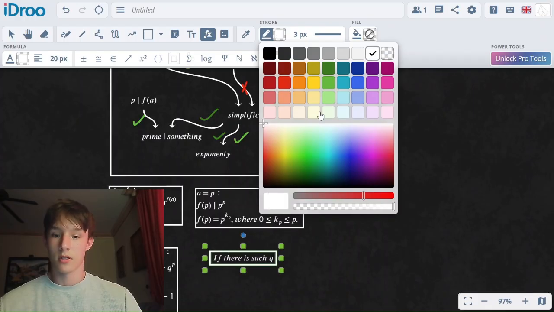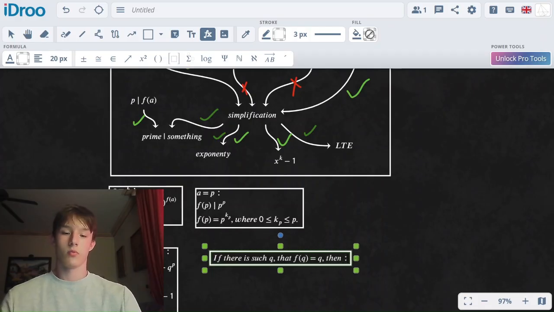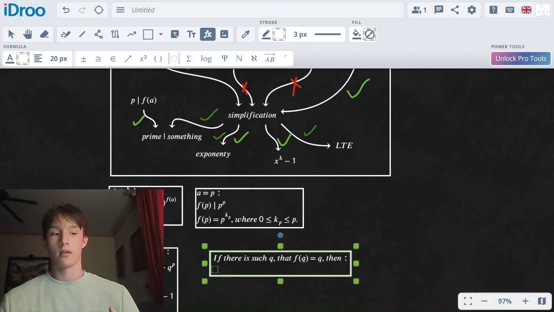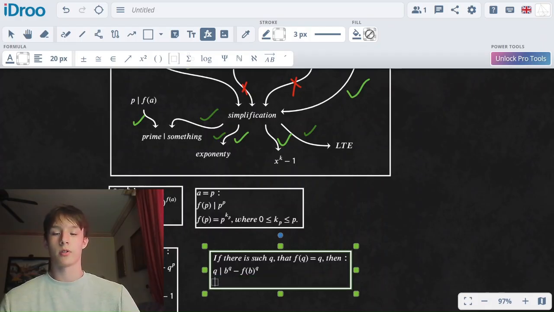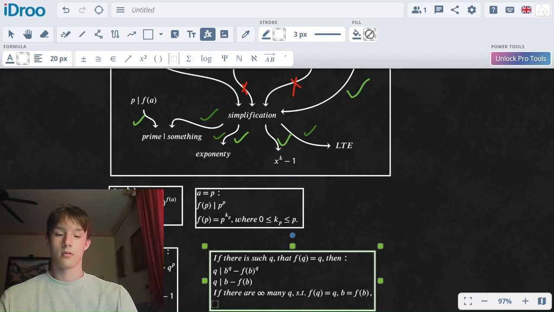If there is such q that f of q equals q, then we know that by substituting a equals q, we get that q divides b to the power of q minus f of b to the power of q. And by Fermat, we know that b to the power of q is b mod q and f of b to the power of q is f of b mod q. So you get b minus f of b mod q. And therefore, if there are infinitely many q such that f of q equals q, then b equals f of b, so c equals 1.